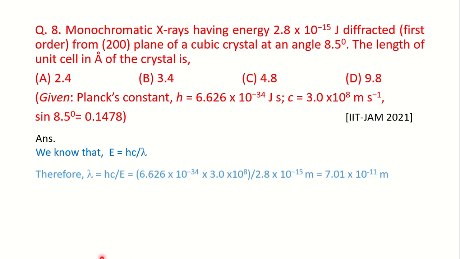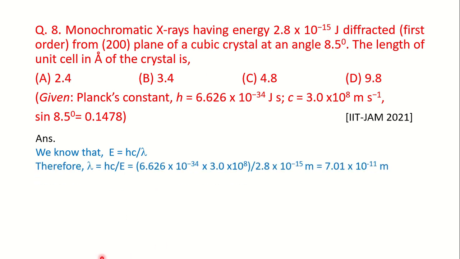So lambda must be equal to hc by E. Now just put the values in place of h, the Planck's constant in SI unit, the velocity of light in SI unit, as well as the energy also in SI unit. Therefore the value of lambda must come in SI unit, that is in meter. The result of the calculation is 7.01 into 10 to the power minus 11, and the unit must be meter.